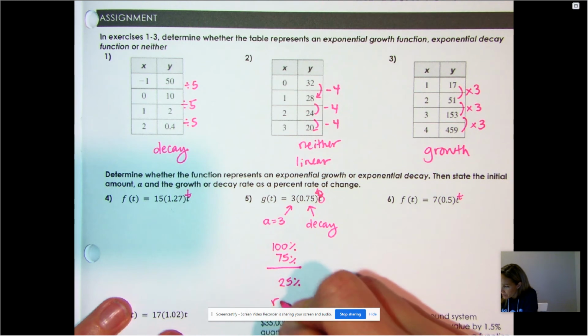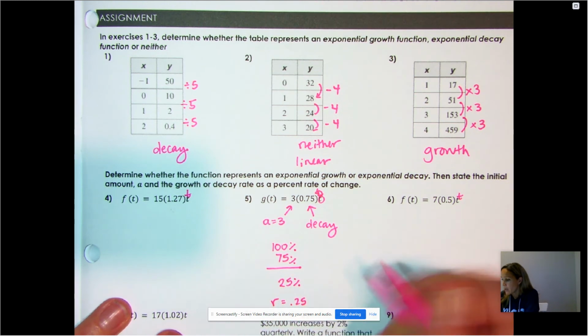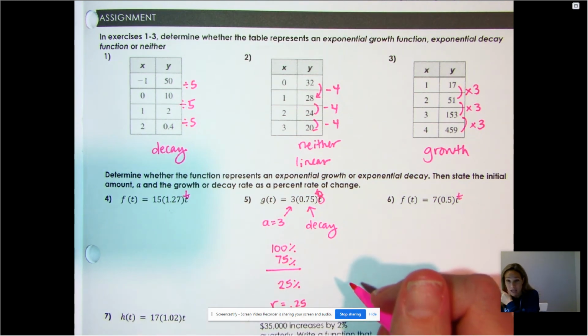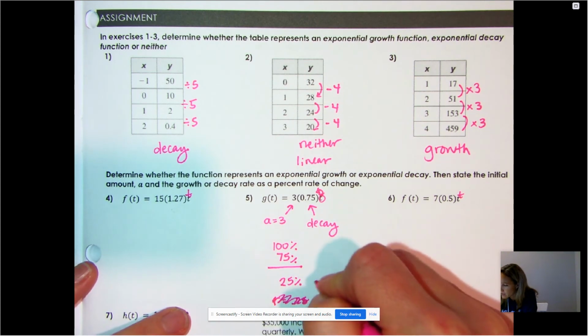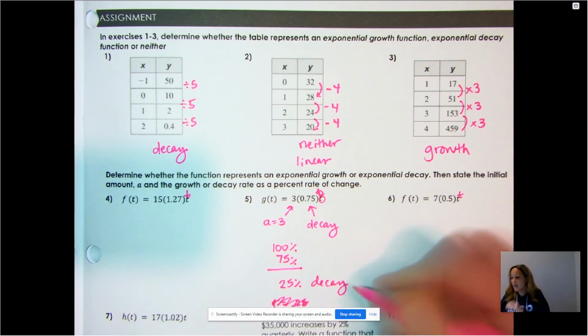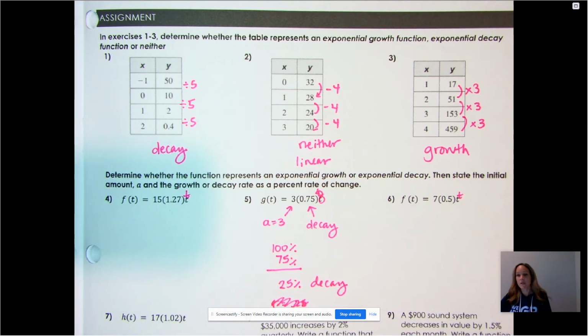Okay, so you could say that the rate of change is negative 0.25, or you could say that it's 25% decay, or you could say negative 25% because it's going down, as a percent of change.